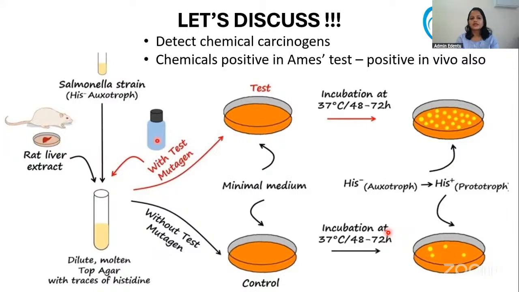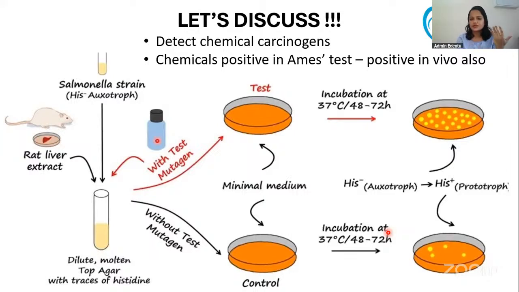What we do in this Ames test is we take a Salmonella typhimurium strain, one which is histidine negative. Histidine negative means the organisms present in the strain do not have the capability to produce histidine.